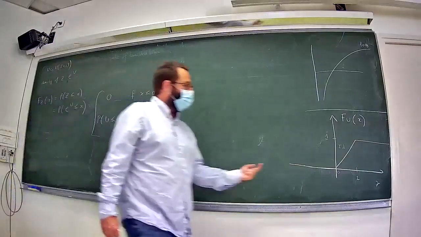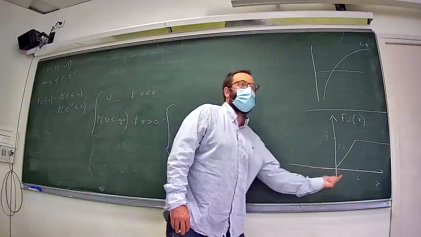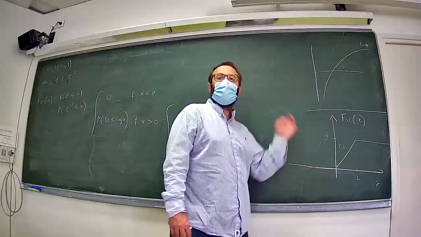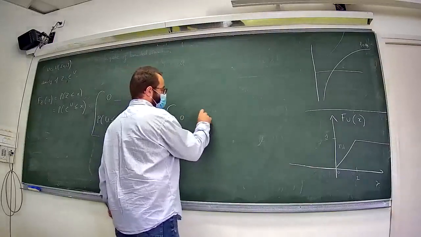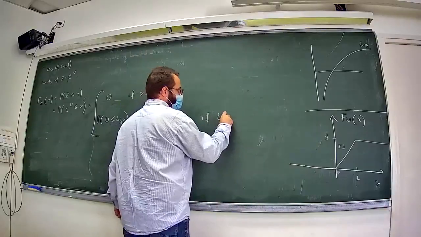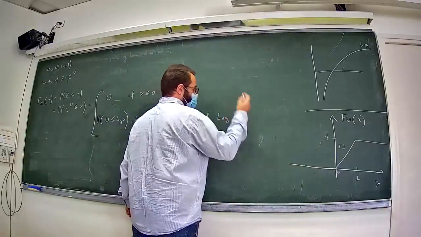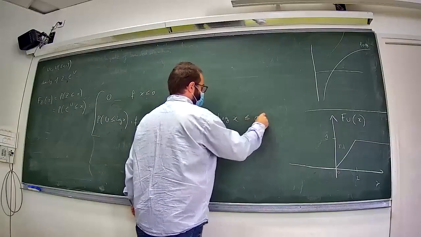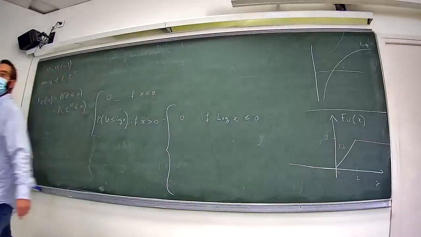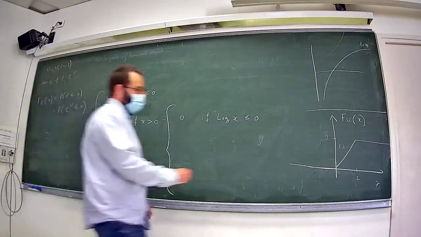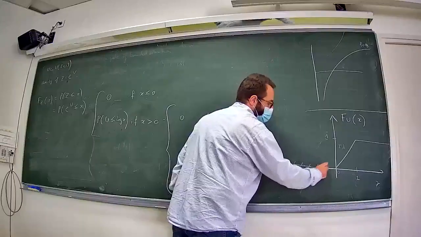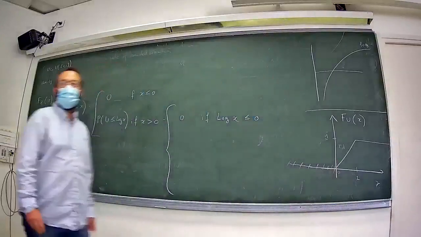It is 0 if the logarithm of x is negative, because I am in this part here.